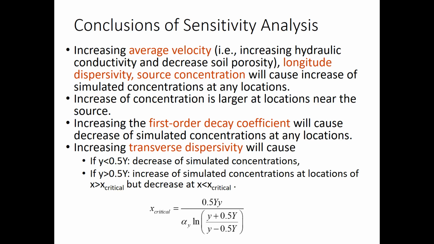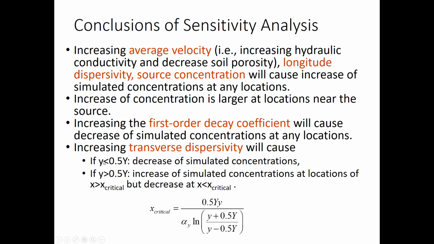You're going to have less nitrate concentration, right? And increasing the transverse dispersivity, if your location Y is less than half of the source plane, you're going to have a decreased simulated concentration. That means things are going to spread out.